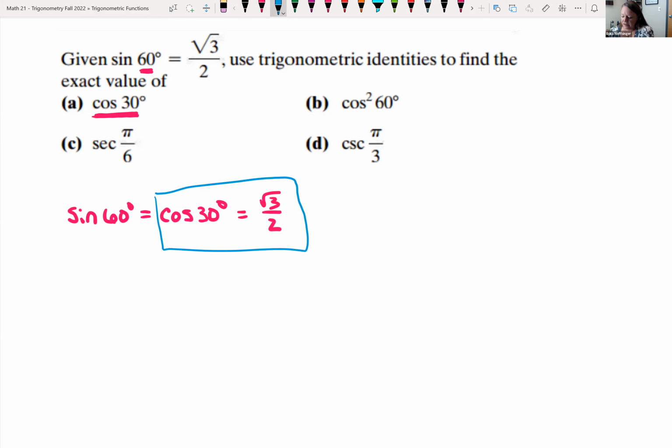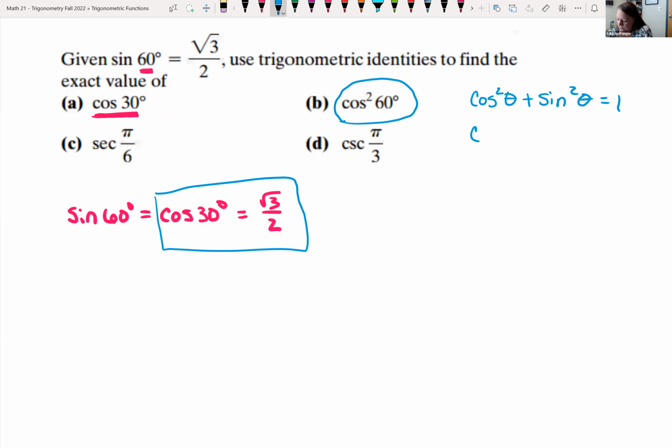So looking at cosine squared of 60 degrees. I see that I have a cosine squared in there, and that makes me think of cosine squared theta plus sine squared theta is equal to 1. We know what sine of 60 degrees is. And so let's write that.